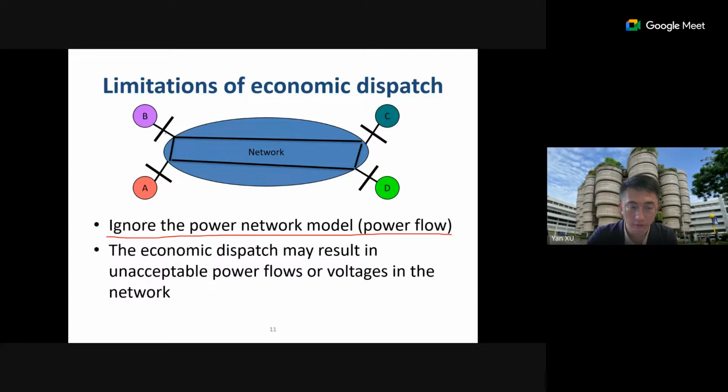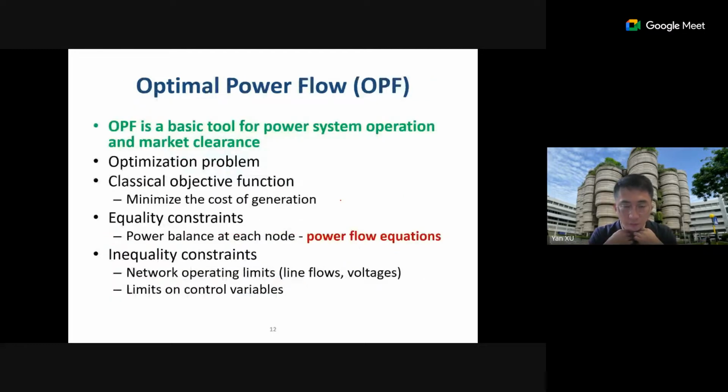The voltages of different buses are not considered either. So the economic dispatch results may lead to unacceptable power flows in the branches or unacceptable voltage magnitudes at the buses. In other words, they may not satisfy the operational limits of a practical power grid.